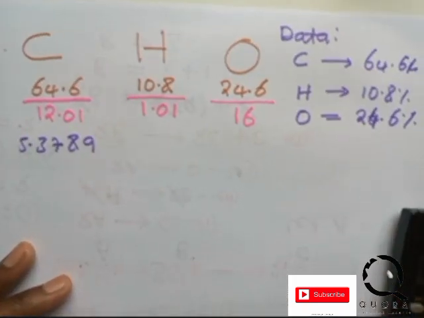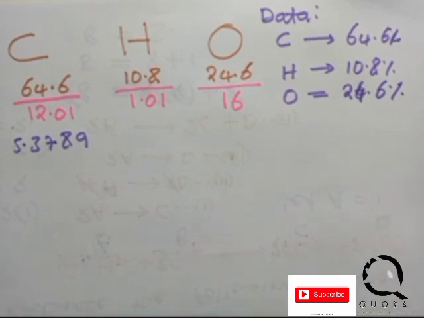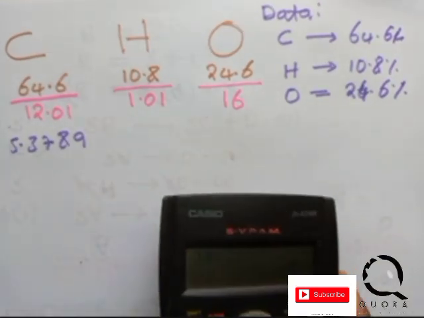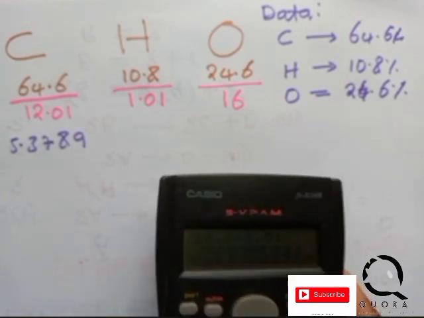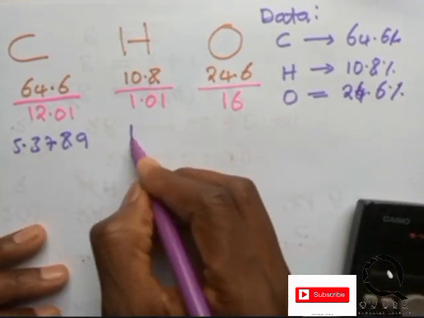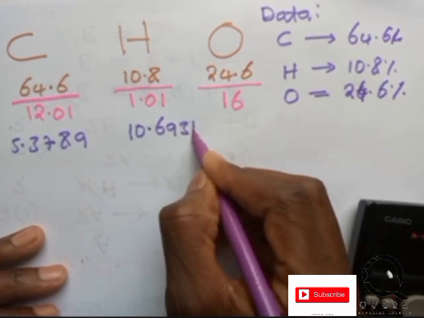All right, I'll come to the one in the middle. The one in the middle is given as 10.8 divided by 1.01. It is giving us 10.6931.